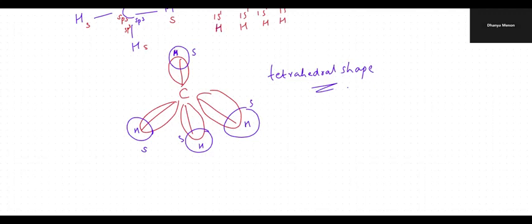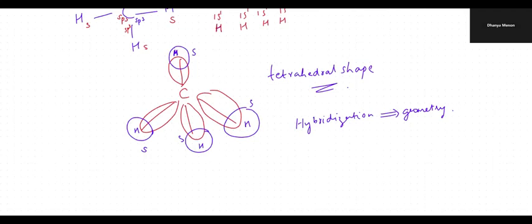So hybridization is responsible for geometry. How? Because the molecule attains the shape so that the repulsion is quite minimum. Or the orientation of the hybrid orbital is such that the repulsion is minimum.